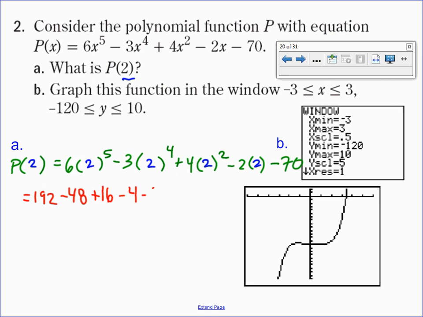Minus 4, minus 70. It looks like 48 plus 16, negative 32, plus 4, or minus 4, negative 36, minus 70, minus 106, 92, 86. Am I getting 86? 86? Woohoo!